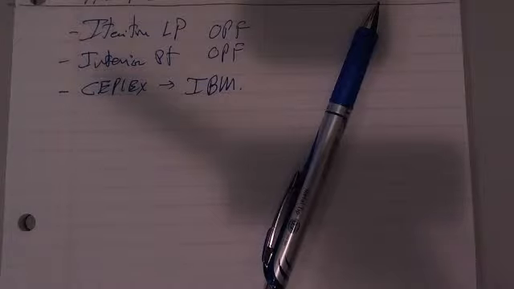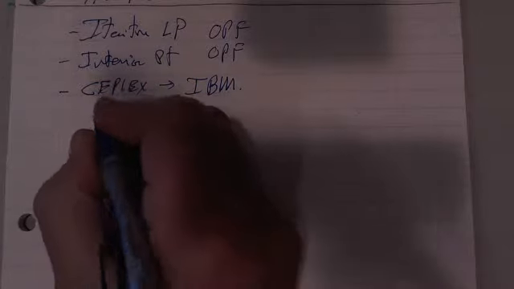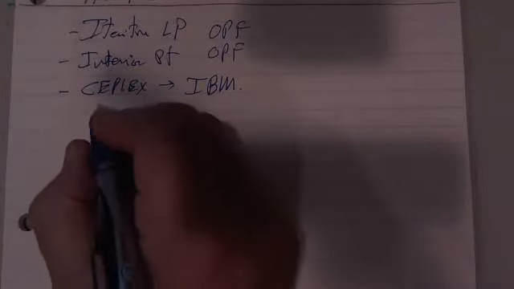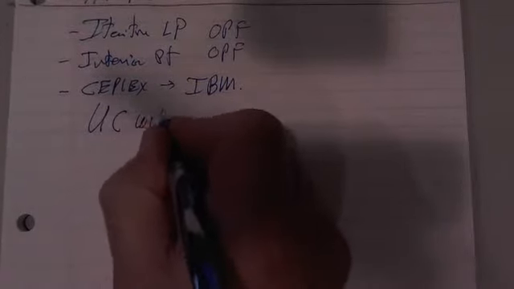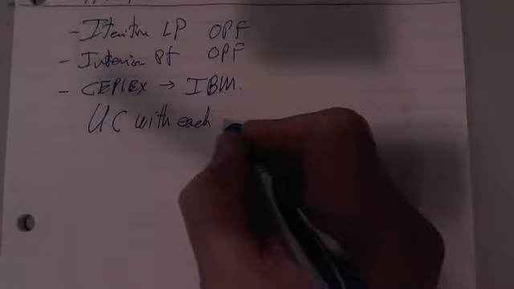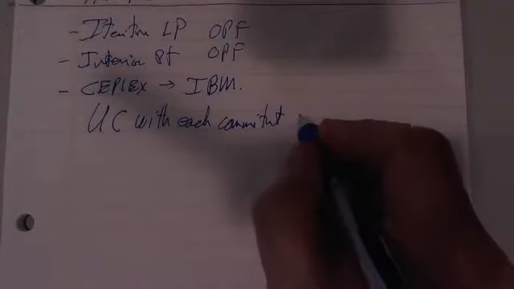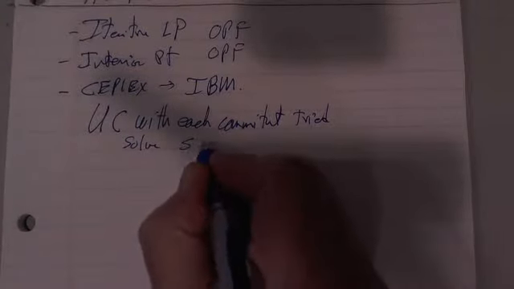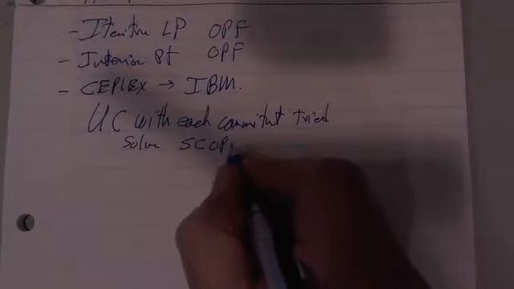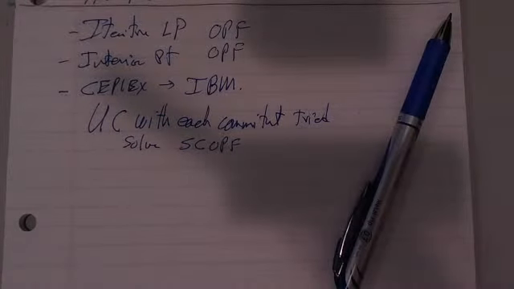So you can set it up, and its ultimate claim to fame is to have a unit commitment with each commitment tried, solving a security constrained OPF. And you know that unit commitment is 1-0 programming. It's 1-0 programming. And it's very hard. It is very, very hard.